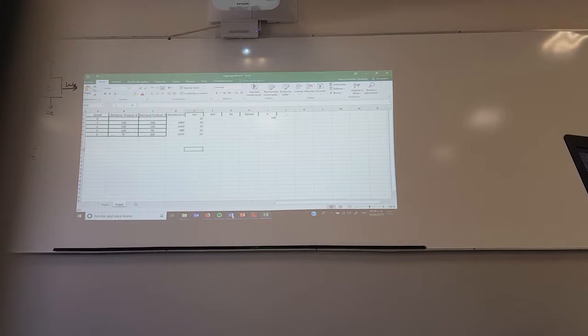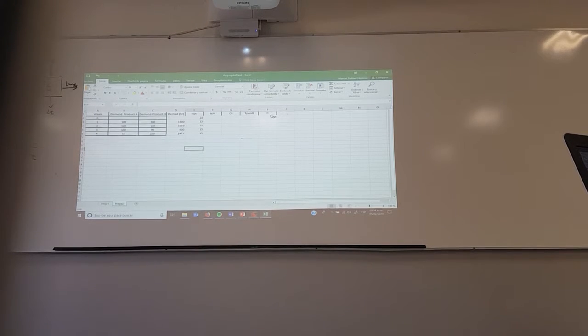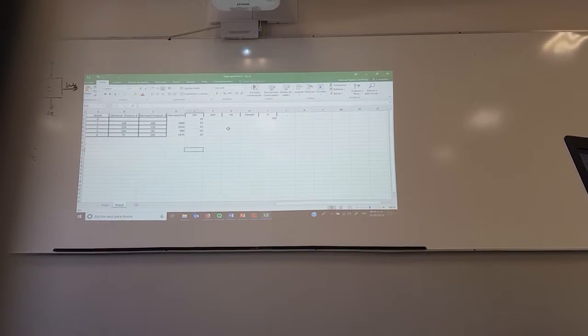And there are no back orders, right? No back orders, so this inventory cannot be negative. So how many workers do we need in period number 1?